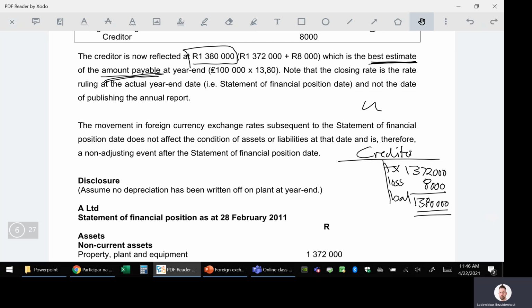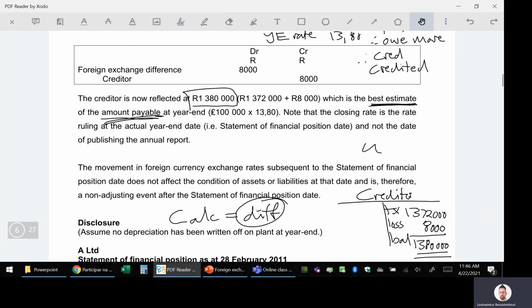So all we need to do is calculate the difference, and that is the adjustment that we need to make. That creditor 8,000 is the calculation that we did using the difference, and we credit the creditor.